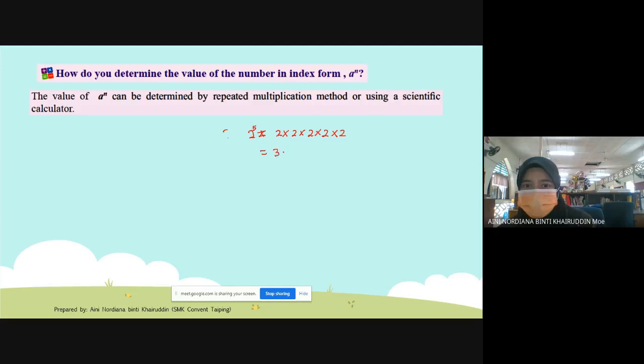So this is the value. 2 to the power of 5 equals 32.